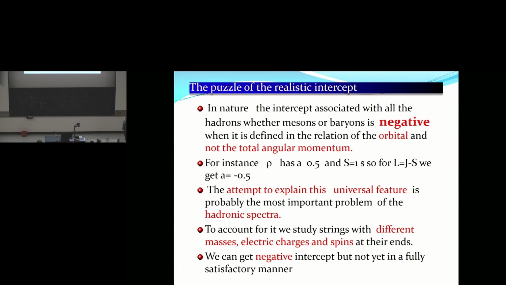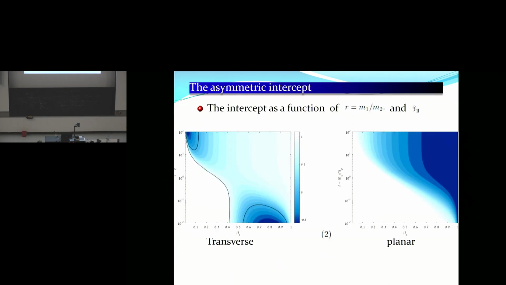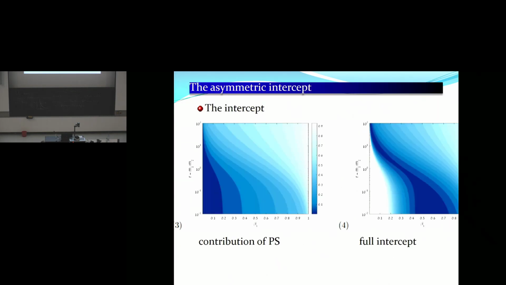We try to introduce these masses, in particular, unbalanced masses can also yield a negative intercept. So these are the two different masses. For instance, a massless and a very heavy one will result in a negative intercept.